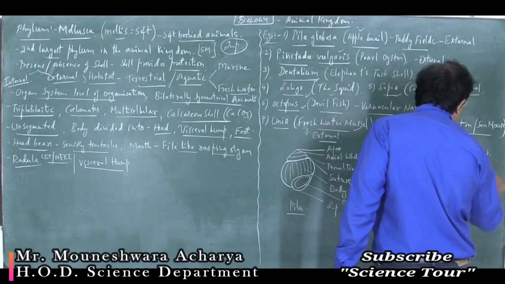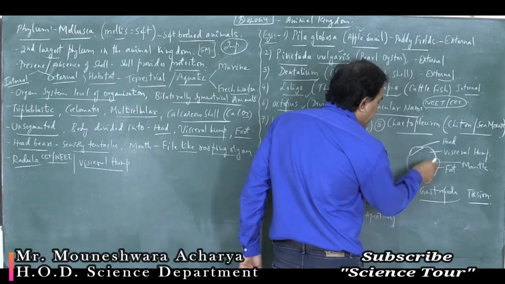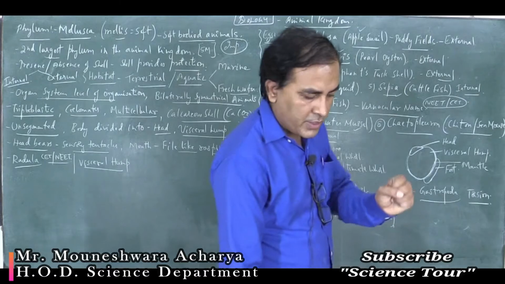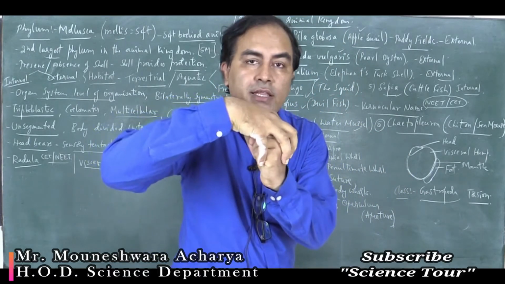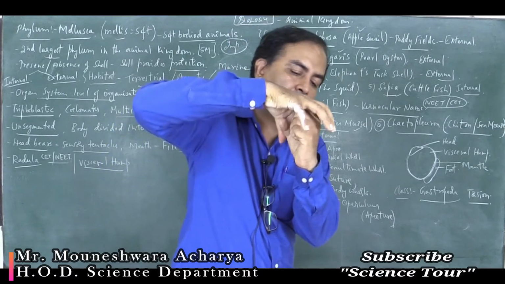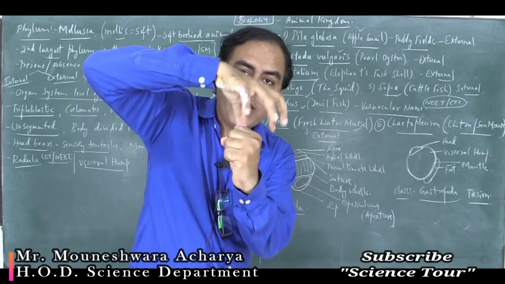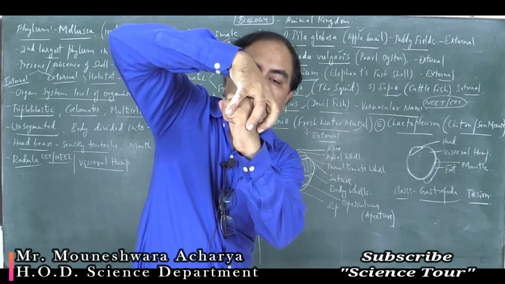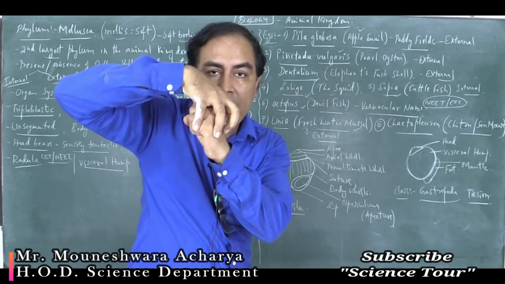And there is a space, cavity between the hump and the mantle. For example, this is the animal, this is a visceral hump. Outside that, there is a layer that is called as mantle. In between the mantle and the visceral hump, there is a space, cavity, that is called as mantle cavity.